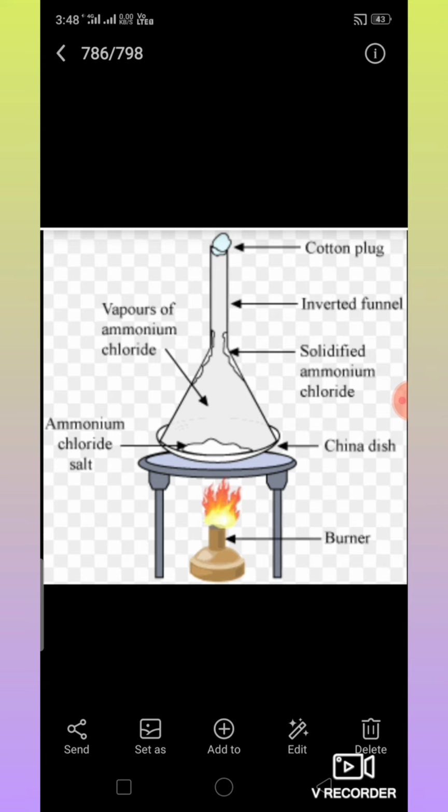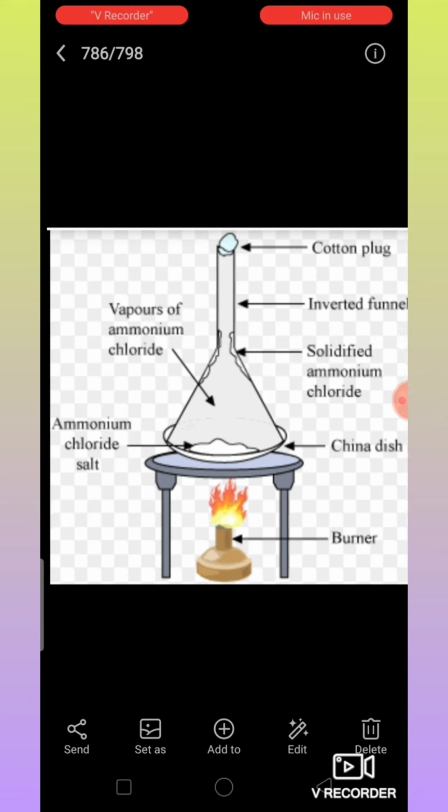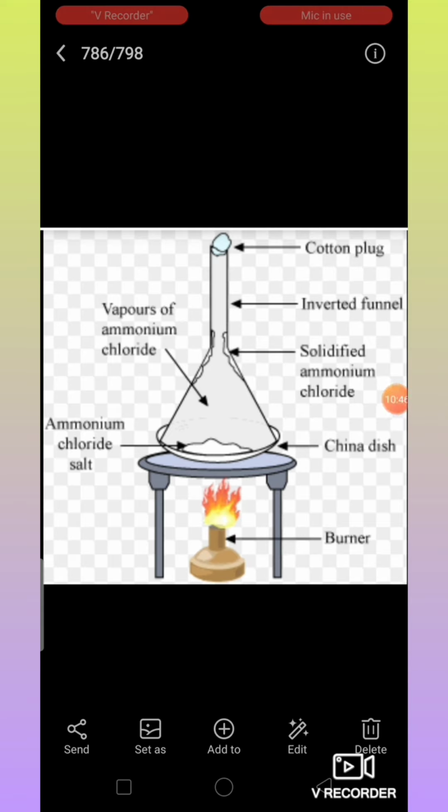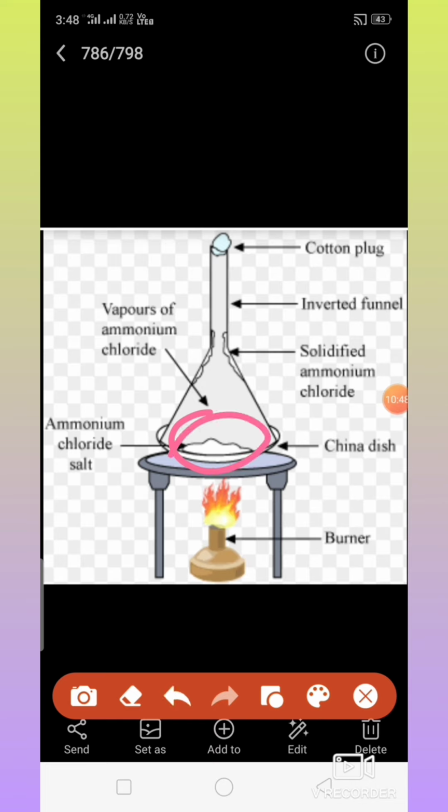The powdered mixture of ammonium chloride and sand is taken in a china dish and covered with a sheet. Okay, so it is covered with a sheet. An inverted funnel, this is the inverted funnel because it has an open end, is placed over the sheet.